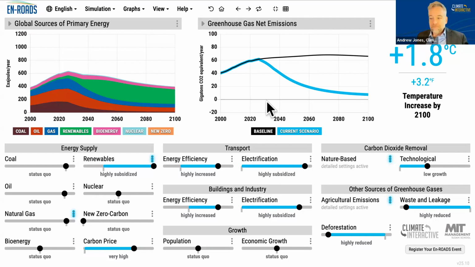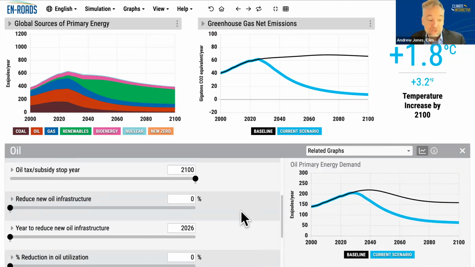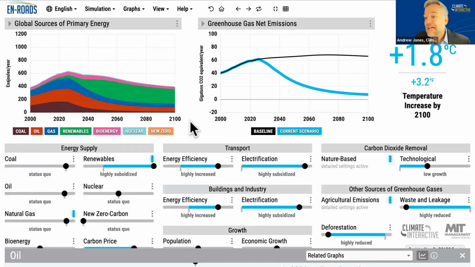Yeah, and I didn't show you the fact that with that, you can go in here and even without carbon pricing, just say, we're going to implement the fossil fuel non-proliferation treaty right here by reducing oil infrastructure. Thank you. Other implications?